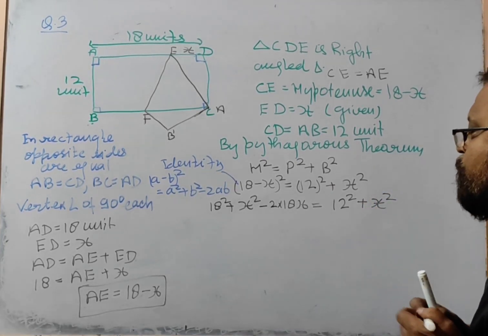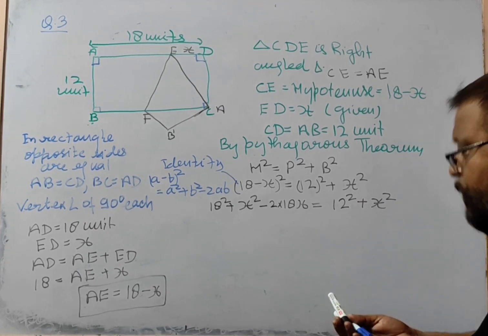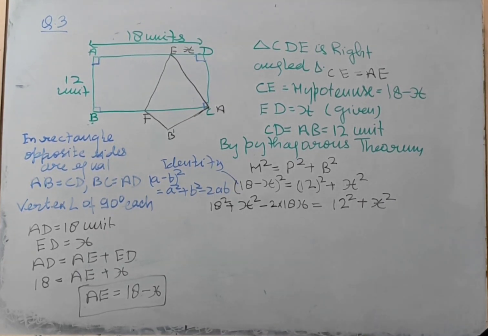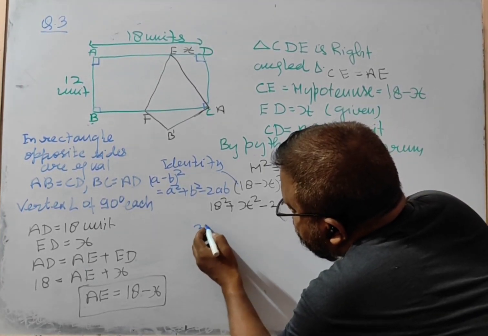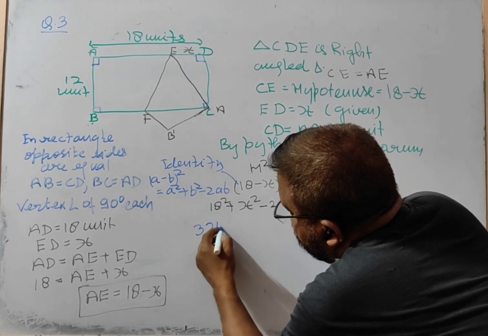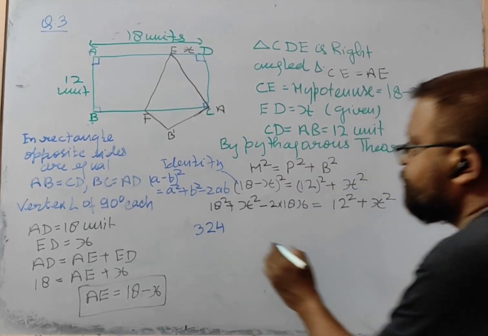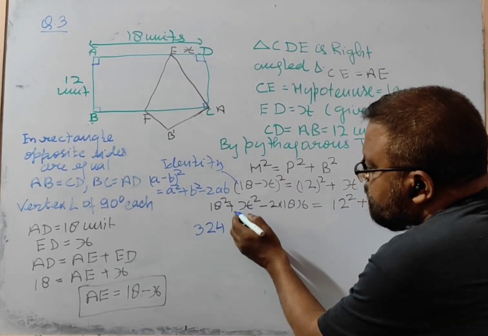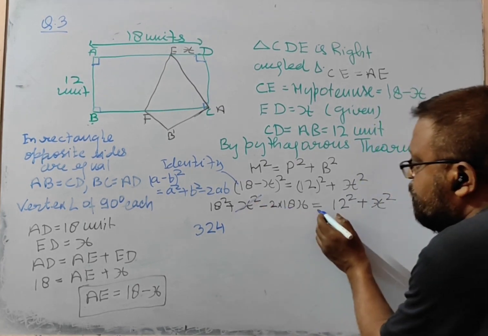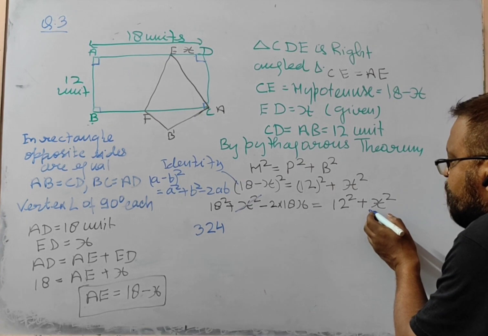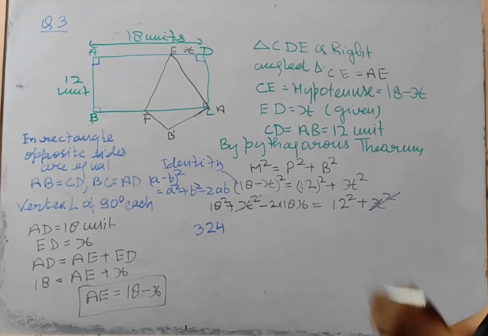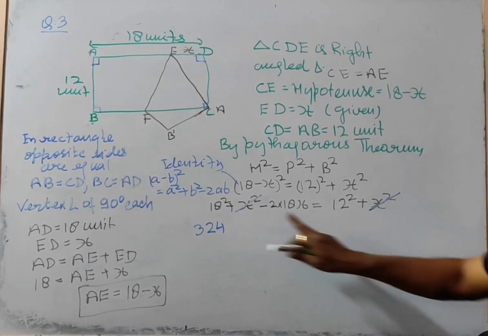So now, 18 square is 324, right? And this plus x square, and on the other side of the equal sign is also plus x square, they will cancel out.